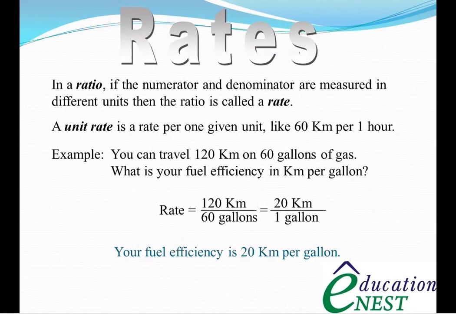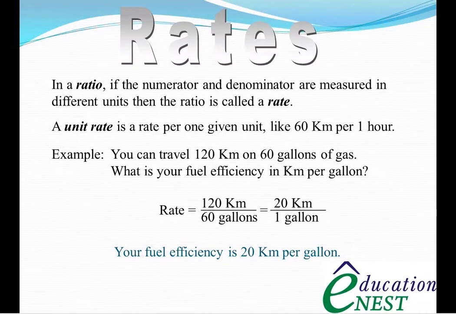Now, in a ratio, if the numerator and the denominator are measured in different units, then the ratio is called a rate. A unit rate is a rate per one given unit, like 60 km per 1 hour. Let's take an example. You can travel 120 kilometers on 60 gallons of gas.